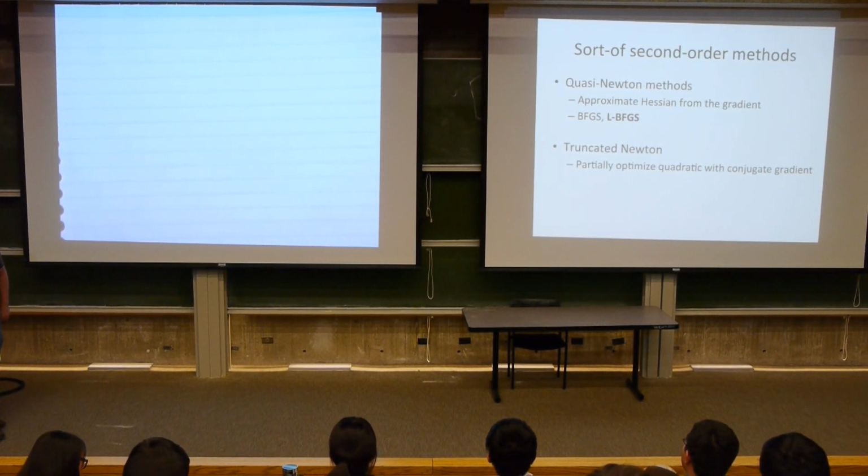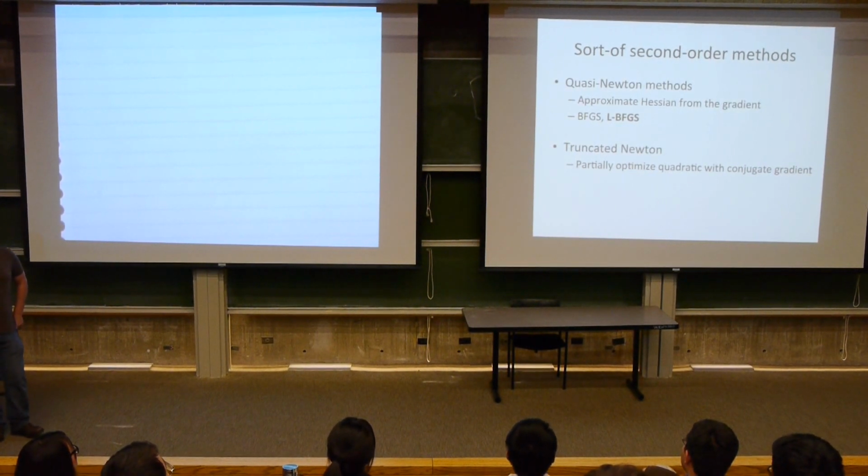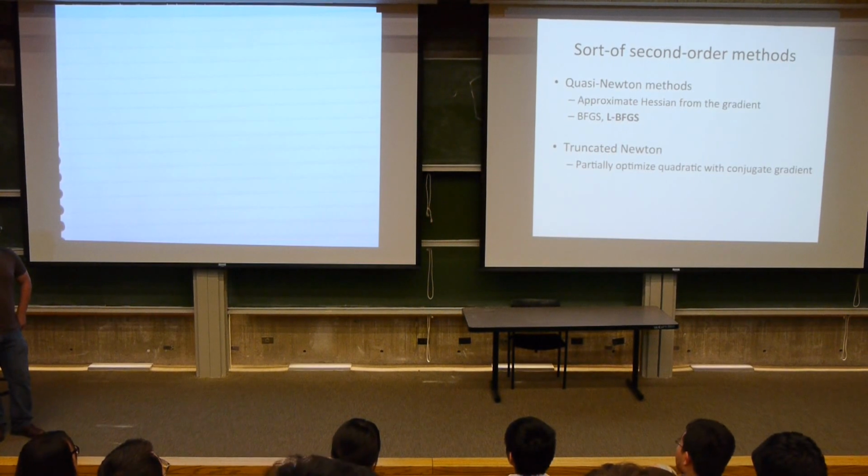So there's this algorithm proposed in the 70s by guys whose initials were B, F, G, and S. So there's this algorithm BFGS that's pretty good, that basically, based on the gradient evaluations you have, keeps a low rank estimate of the Hessian as you go without actually ever computing it. And then LBFGS is similar, but uses more limited memory.